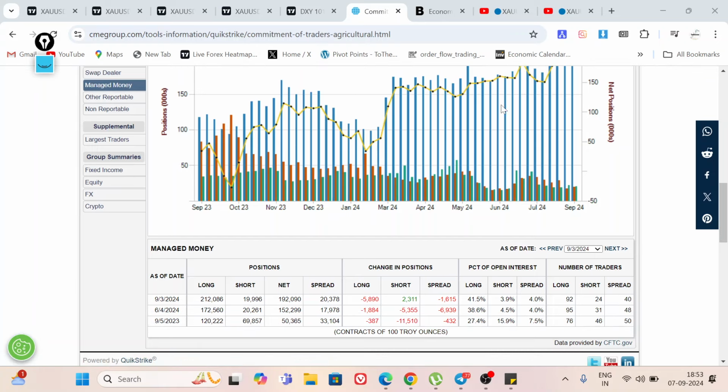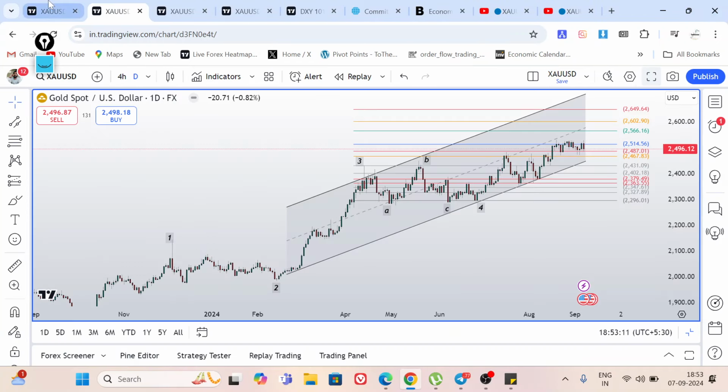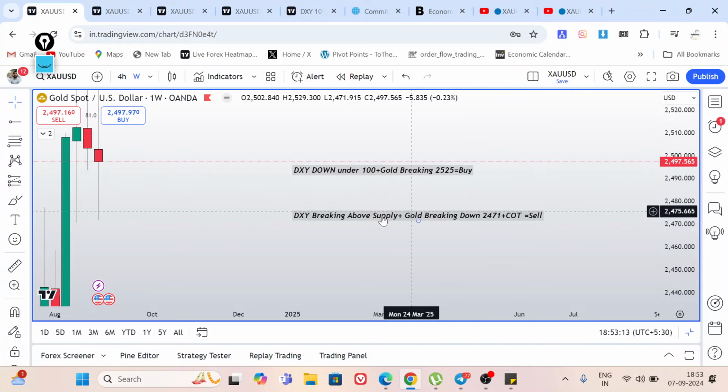And if it goes lower, then as I mentioned, if DXY breaks above supply and gold breaks down 2471, as you can see COT is currently in favor of bears, because they are covering, or decreasing, their long positions and adding to the short, then this can generate a sell opportunity. So we have to consider this for next week.